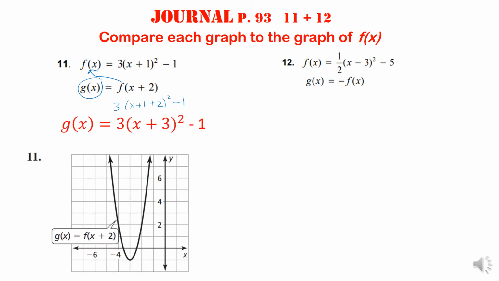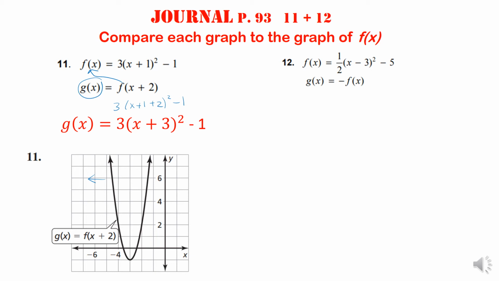Okay, this is the original one, and so what would happen to my new graph? It would just be moving over this way, left 2. Okay, and that's the change that it already made. Okay, this is the new graph, not the original graph.